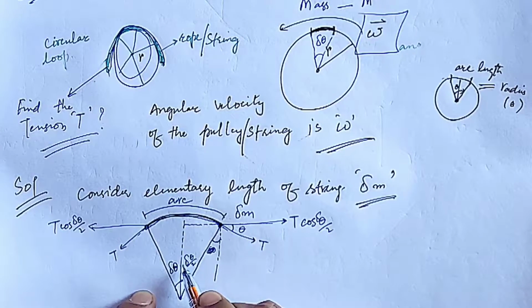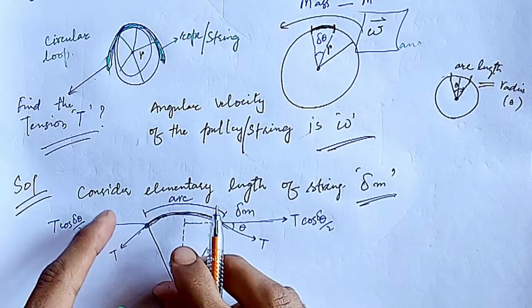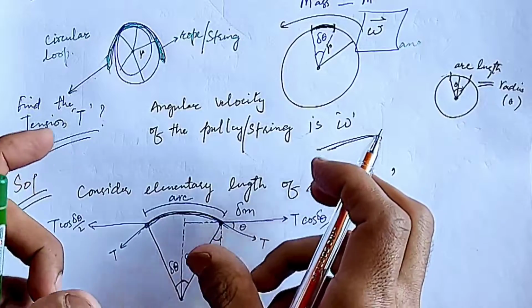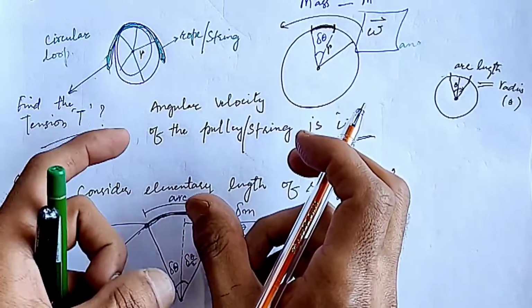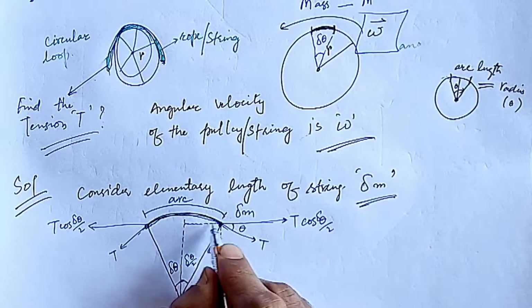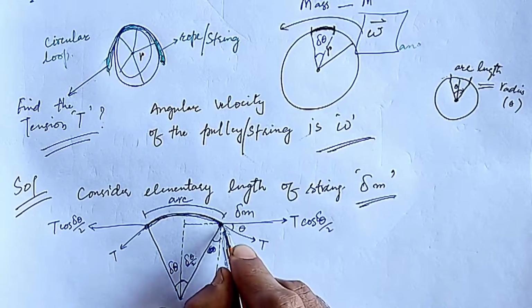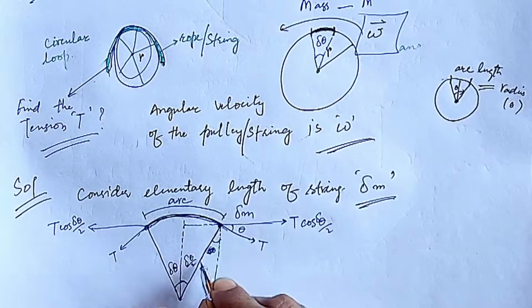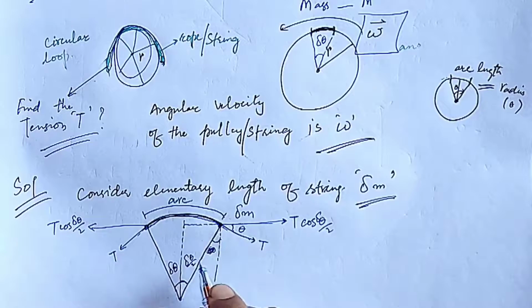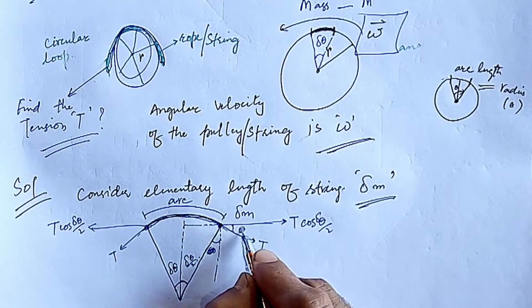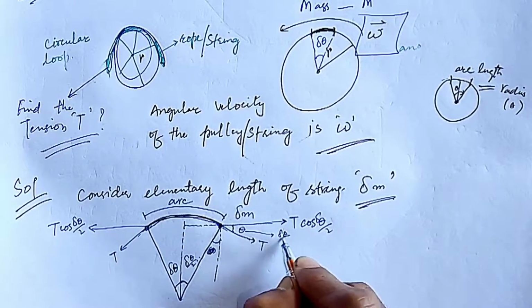I had told you earlier that the angle between the lines is equal to the angle between the perpendiculars of the respective lines. So if this is the perpendicular to this and this is the perpendicular to this very line, that means the angle between these two and the angle between these two will be the same. So this angle will be delta theta by 2.